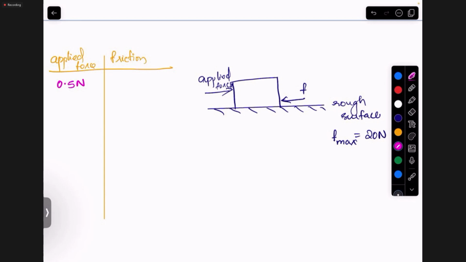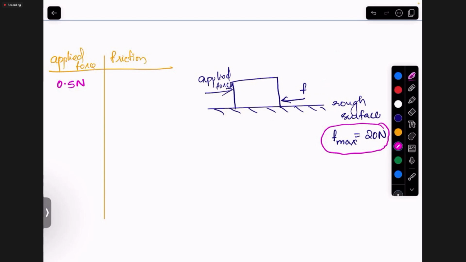So what will be the frictional force? The maximum value of frictional force I have told you is 20 Newton. If this 20 Newton were happening when the applied force is 0.5 Newton, obviously there would be a motion to the left, right? The surface providing 20 Newton out of nowhere is absurd, so that is not happening.